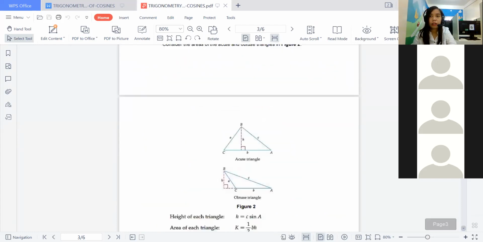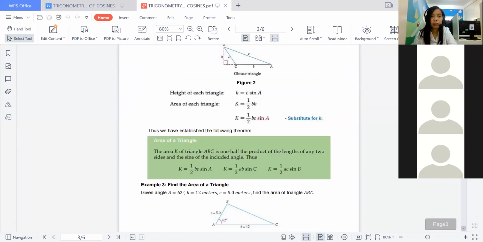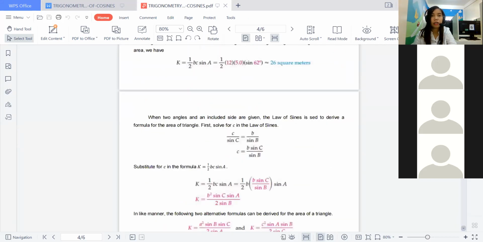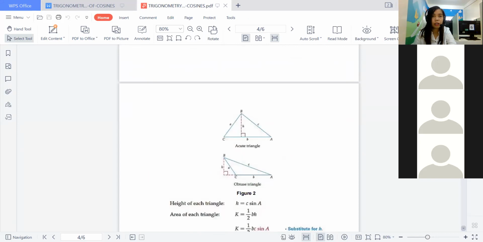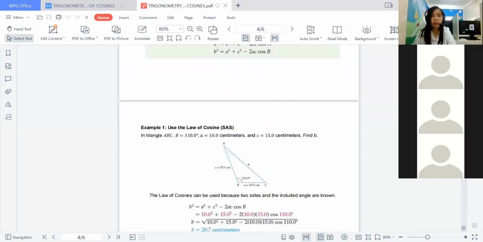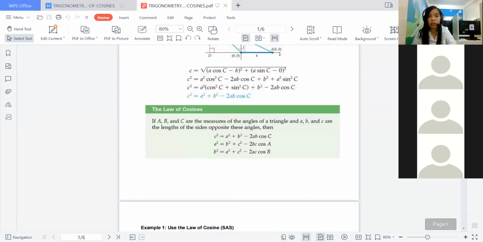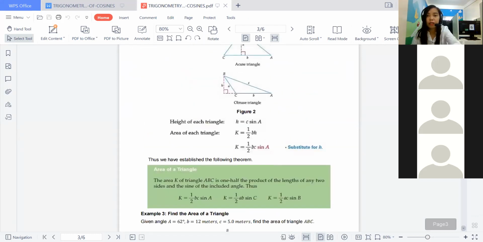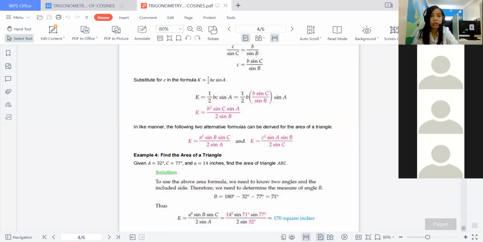And then, or sige, sure ko masasend ko agad to sa GC eh. But make sure na, ayan, we're done with this. And then sa area, we'll have this.